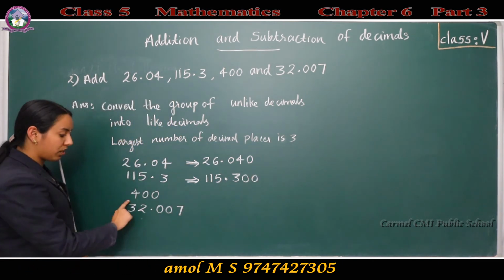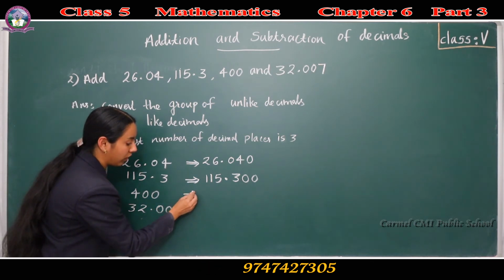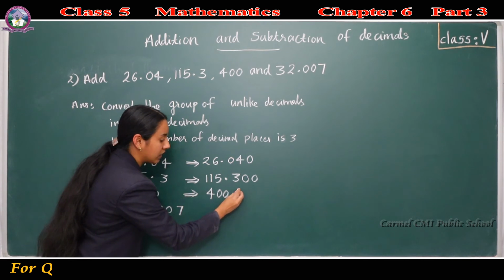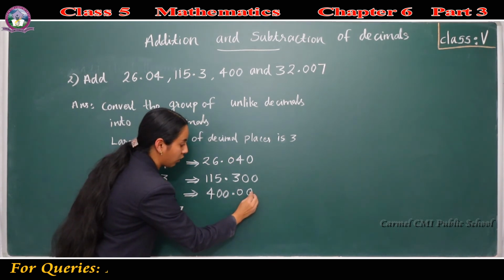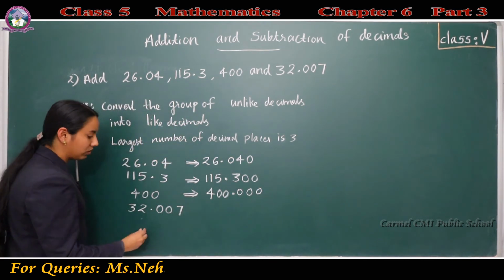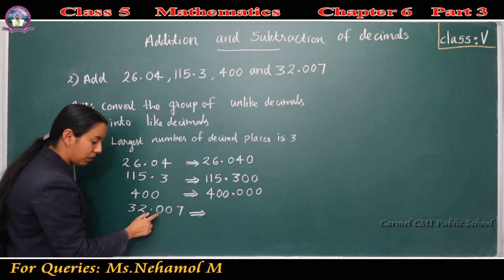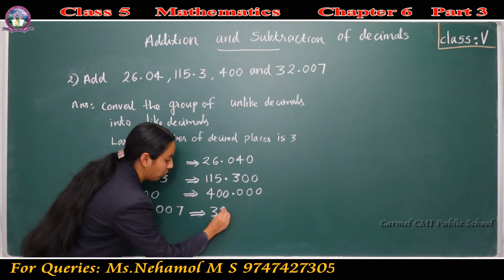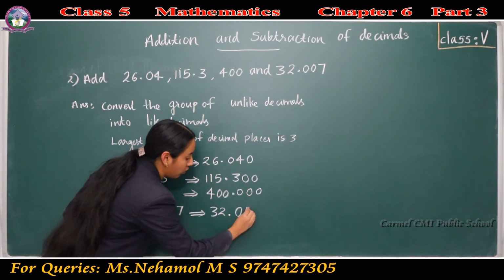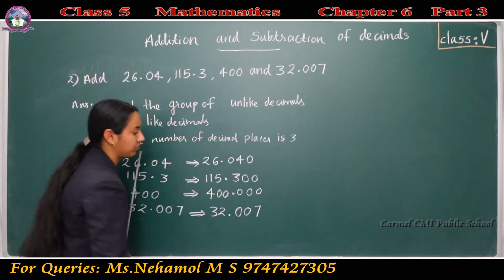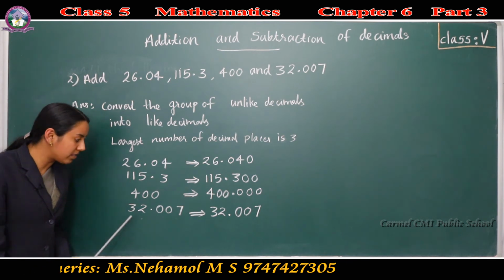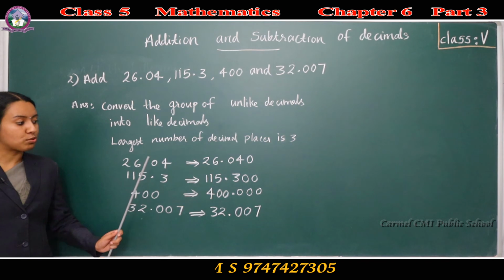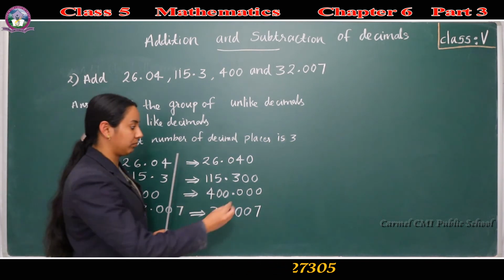Then what about this one? 400 will become 400.000. What about the last one? 3 decimal places are there, so no need to change it. 32.007. Now all these unlike decimals become like decimals, so we can directly add them.